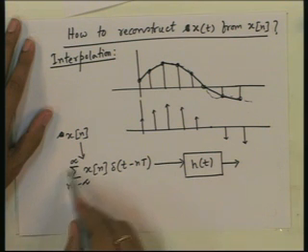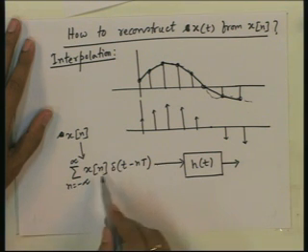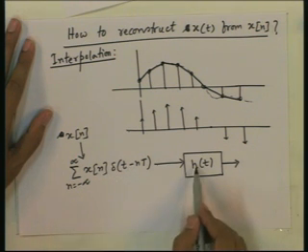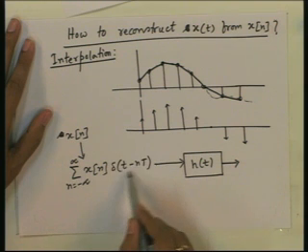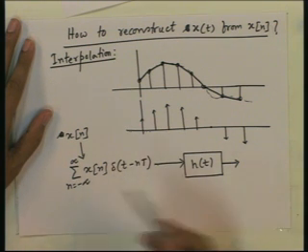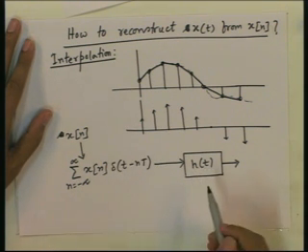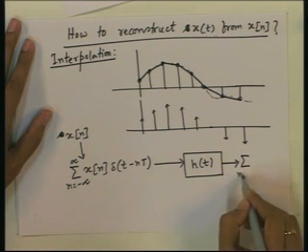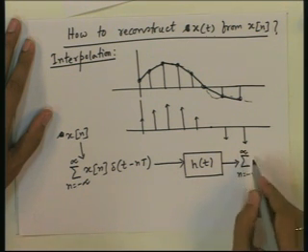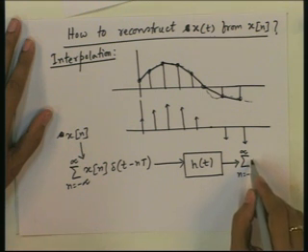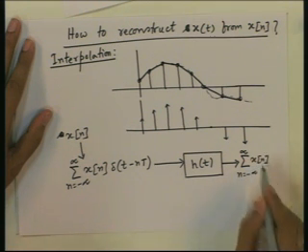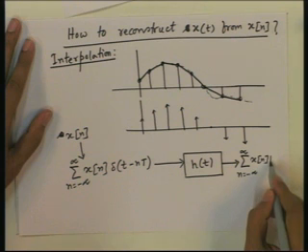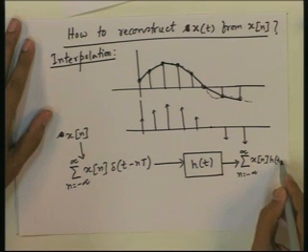Then the convolution can be taken inside the summation, and then we have x n times the convolution of h t with the shifted delta, and we know that when h t is convolved with the shifted delta, we get a shifted copy of h t itself. So, here we get x n h t minus n T.